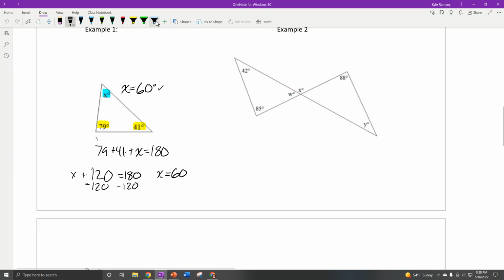Now, for this next one, notice we have a couple different things to look at. We have W, we have X, and we have Y to figure out. The easiest one, if you look at it, using the info we have, is actually W, because we have this and this. It's just like putting together pieces of a puzzle.